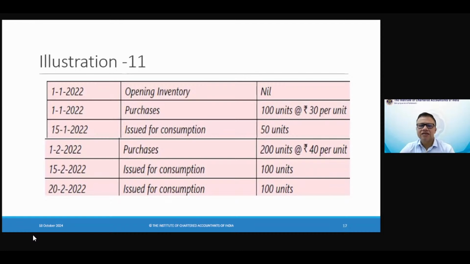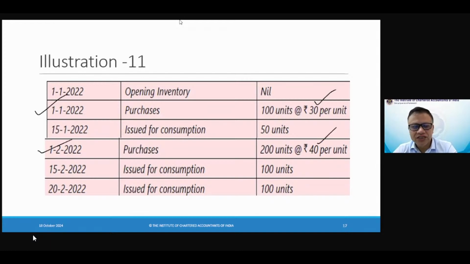Now let us see how these methods go on, and practically how they write in the books and maintain the inventory register. First of all, opening inventory is nil. Purchases have been done of 100 units at 30 per unit.